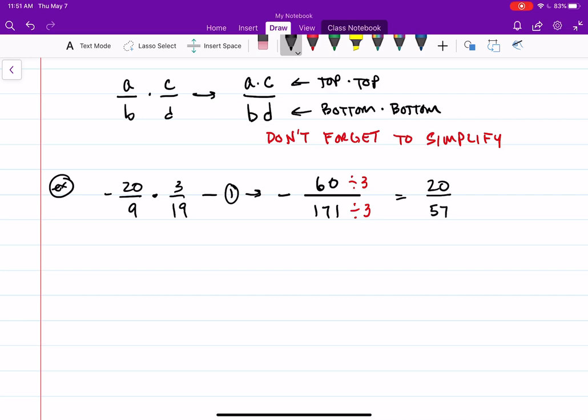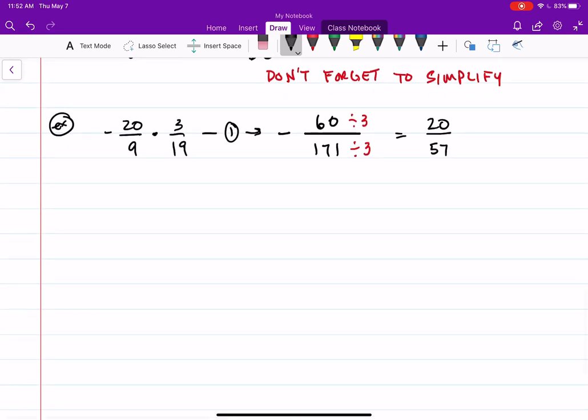You can still look at it and ask, can I break it down more? Can I simplify it more? And the answer is no. The 3 goes into the bottom, but doesn't go into the top. That's one way of doing it. What's the second way of doing this? The second way of doing it is this.